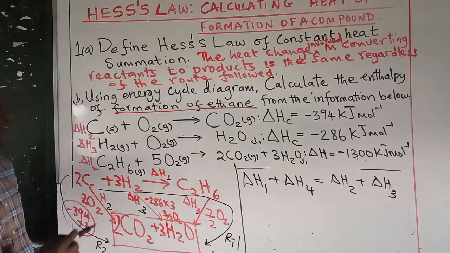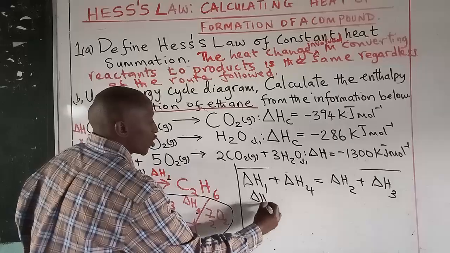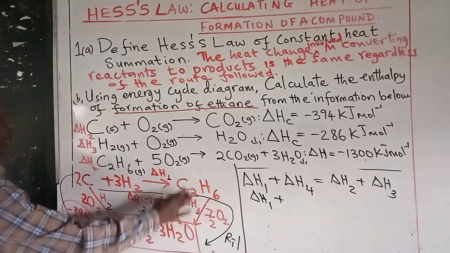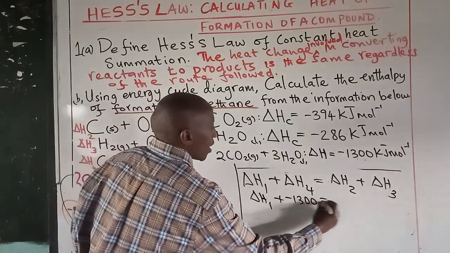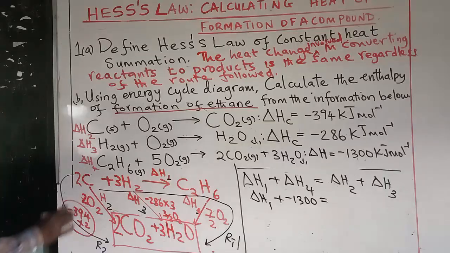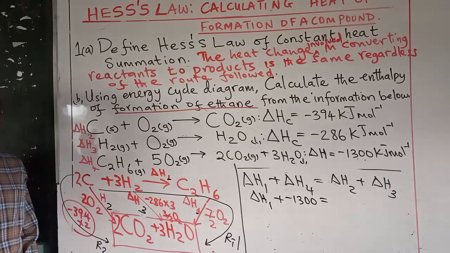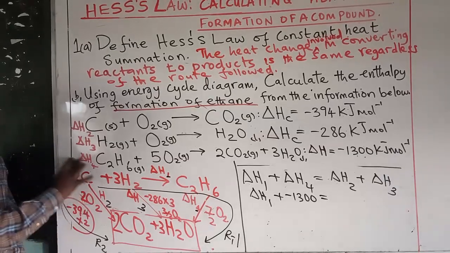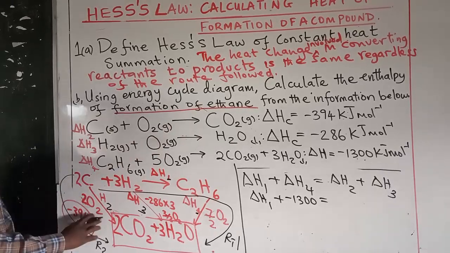So let us put now the values. Delta H1 is unknown, so delta H1 plus delta H4 is the value which we have here, that is negative 1300. Now this one should be equal to H2 plus H3. At this level, we need to be extremely careful, in the sense we have 2 moles. If 1 mole yields 394, what about 2 moles?